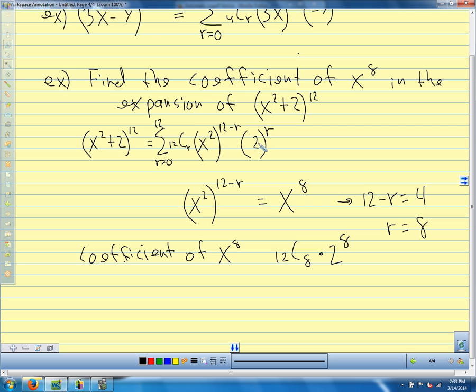And when I find what 12C8 times 2 to the 8th power is, this comes out to be 126,720.